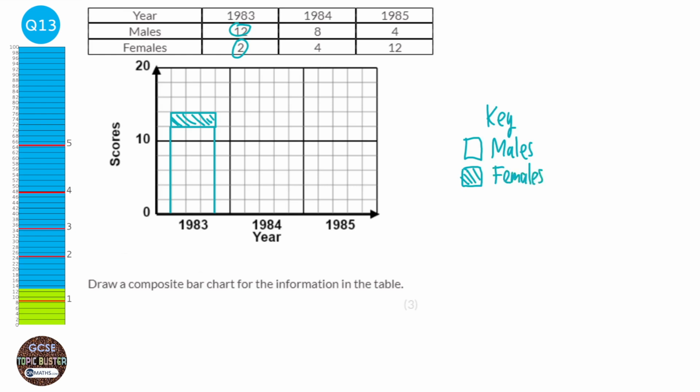Okay. Next we're going to do the 8 and the 4. So what you can do is just do the whole thing, then split it afterwards. So it would be like that. Shade in the females. And then finally we've got a 4 and a 12.